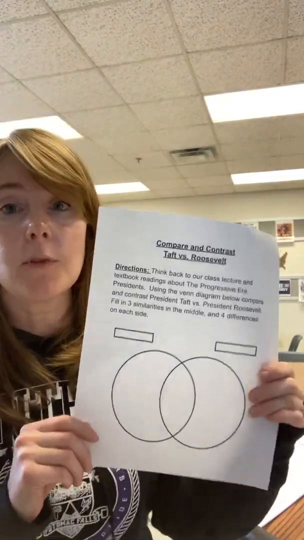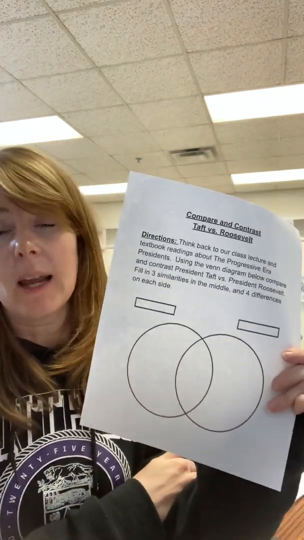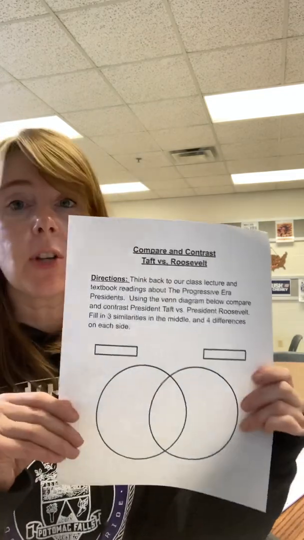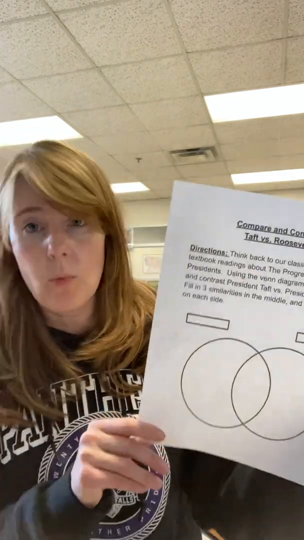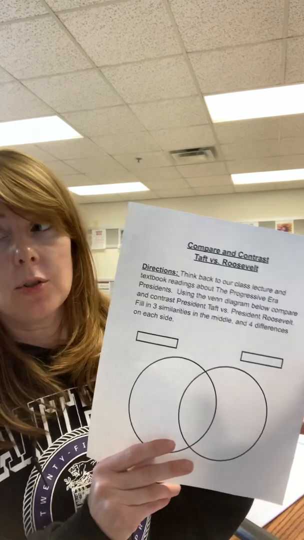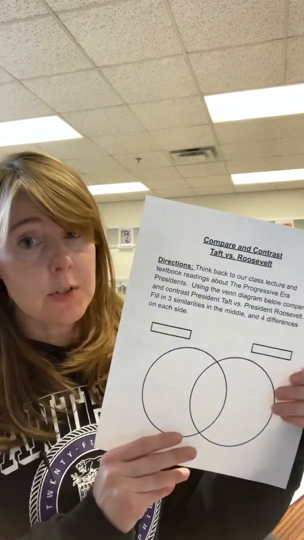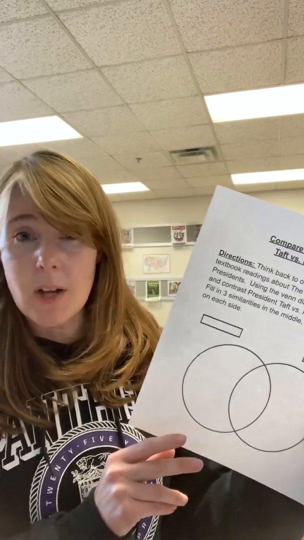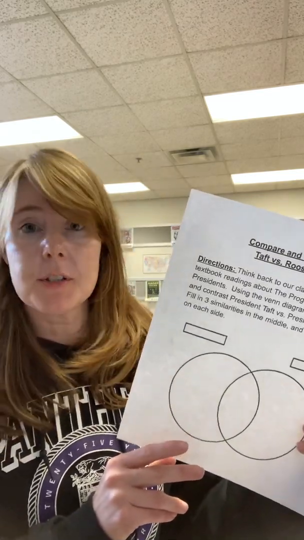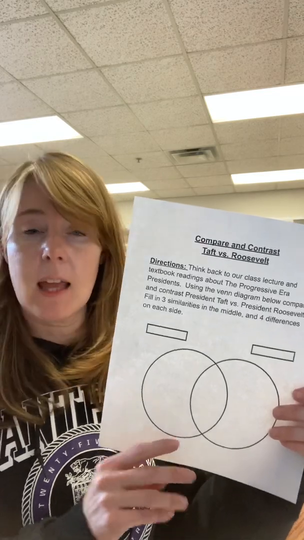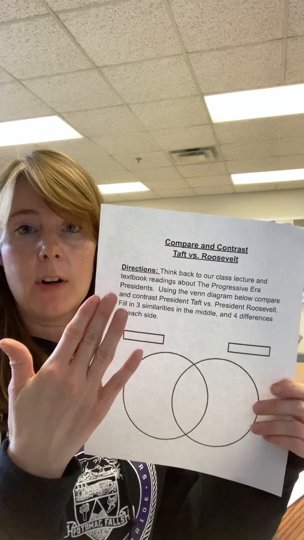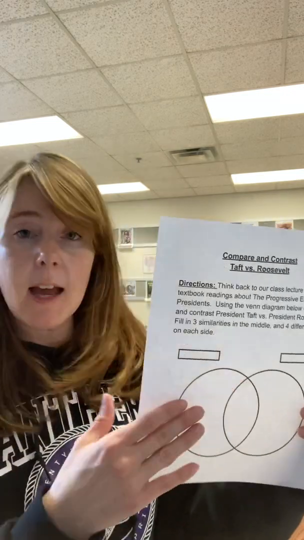My differentiated version of this is for my AP class and also any gifted students in my regular academic class. With this version, they are not given a word bank of terms. They are to pull those terms from their own knowledge, also from any work that we've done in class, notes, lectures, other activities that they would have learned these terms from when we went over the differences between Roosevelt and Taft.